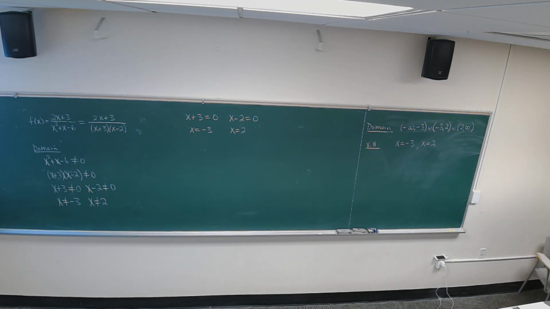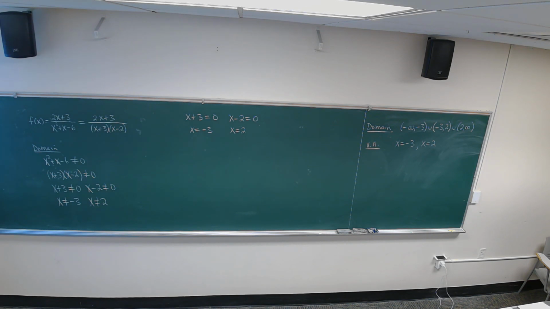All right, so now if you flip back to the previous page, top of page 3, we can look at the definition of vertical asymptote. So f of x is a rational function, polynomial in the numerator, polynomial in the denominator. And if for some value of x, the denominator equals 0 and the numerator doesn't equal 0, then x equals that value is a vertical asymptote in the graph of the rational function.